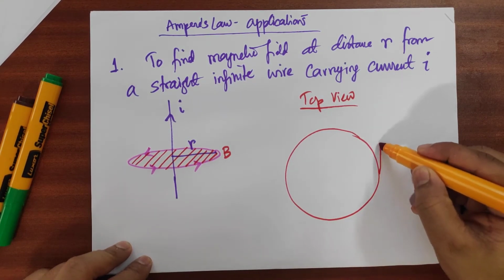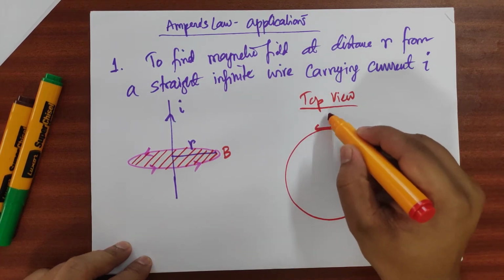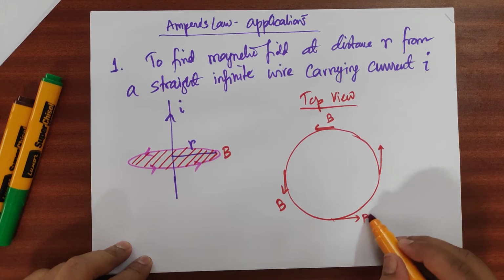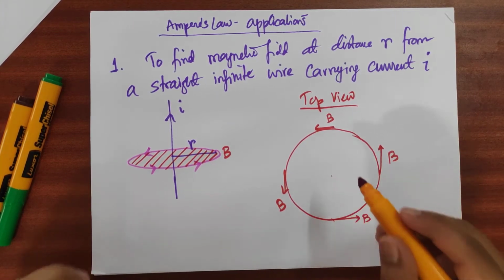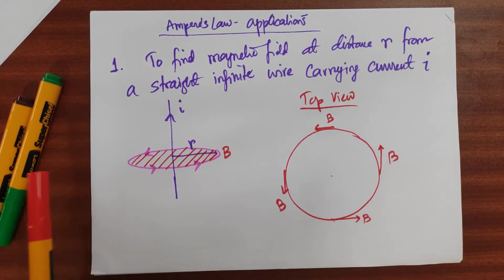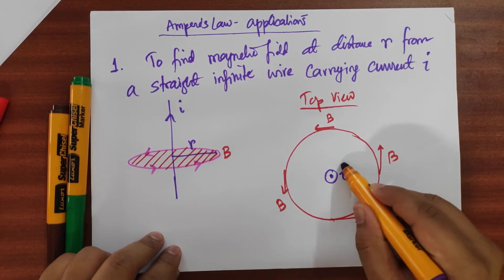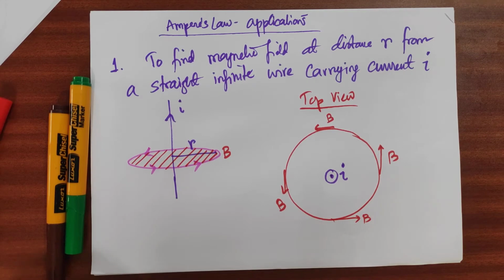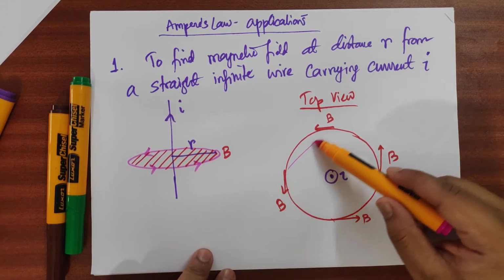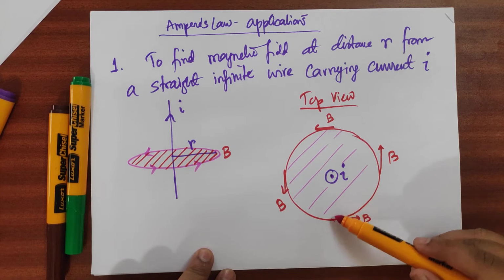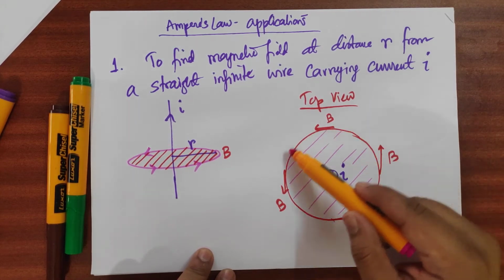This is the direction of the field. Absolutely, there will be no bias, right? And this is right through the center. This is the open surface rather, and this is the closed loop.